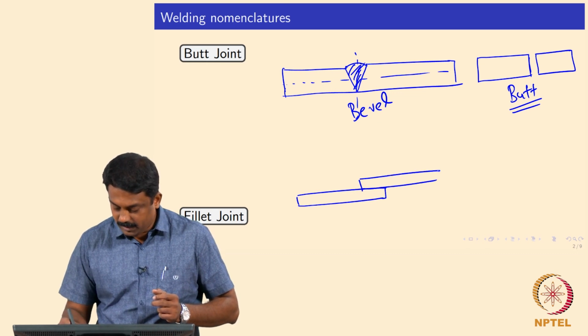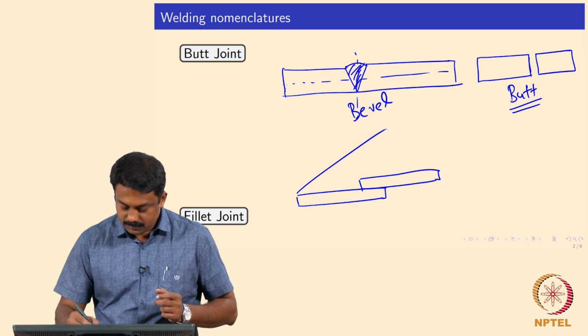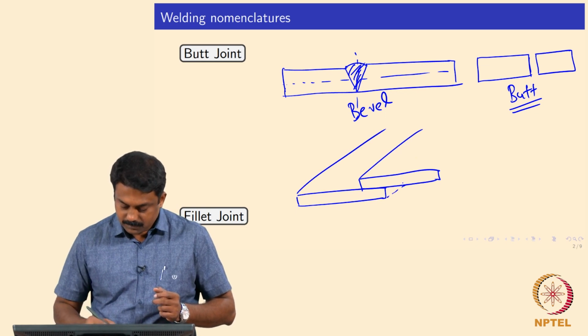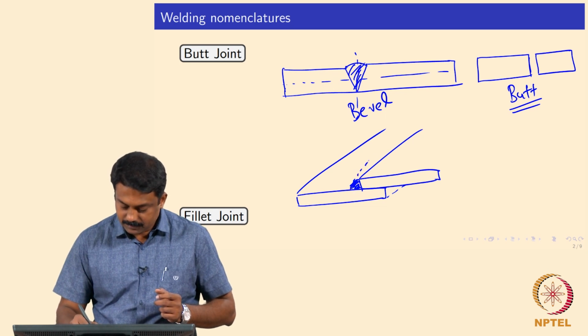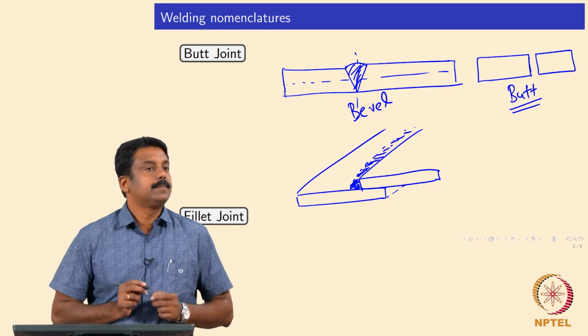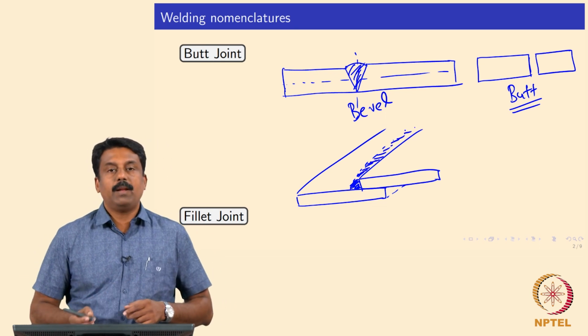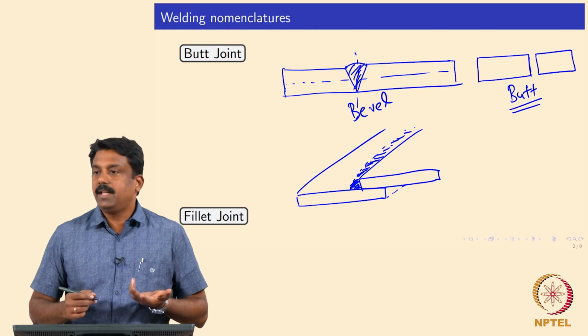This is an overlap joint where you make the weld using a fillet, something like this.